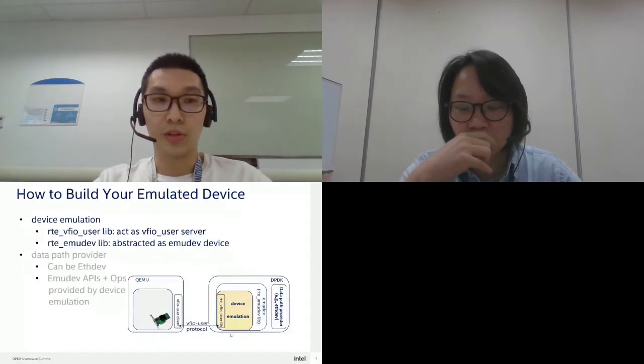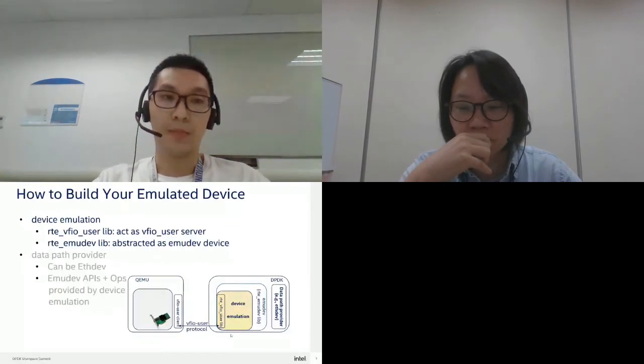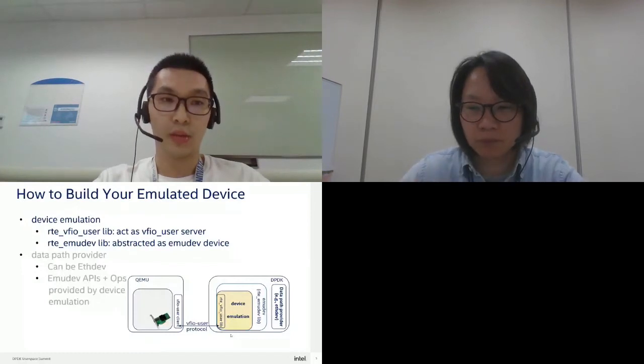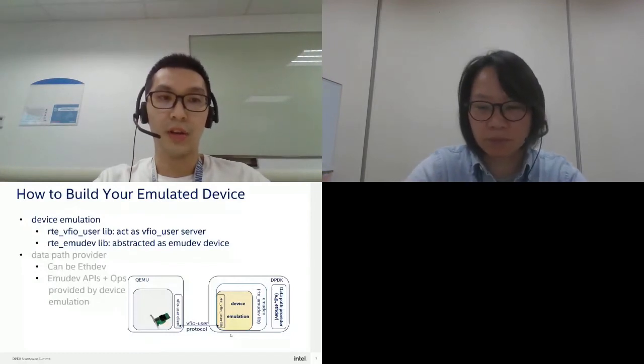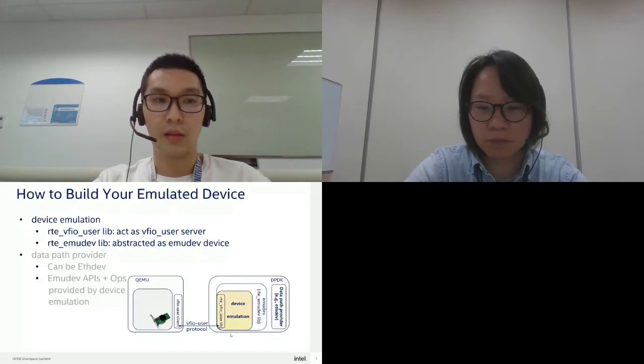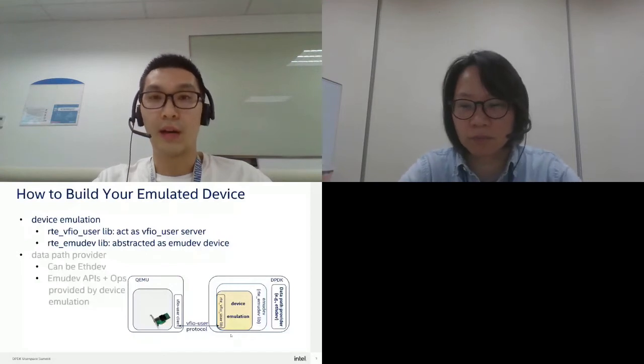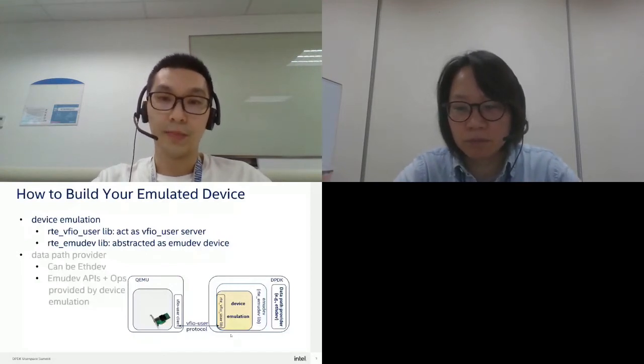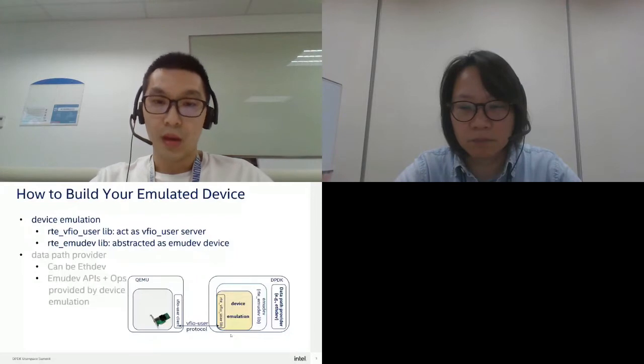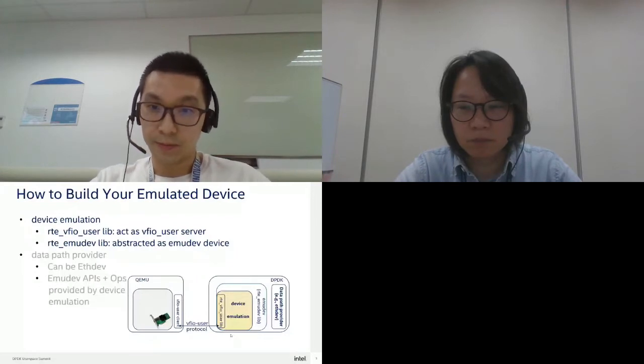The device emulation is built up with two libraries. The first library is the RTE VFIO-user library, and the second is the RTE emudev library. The RTE VFIO-user library will act as a VFIO-user server here.